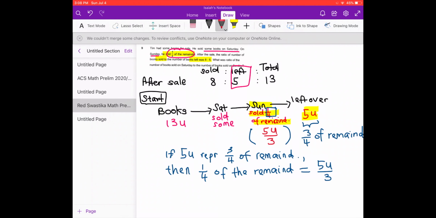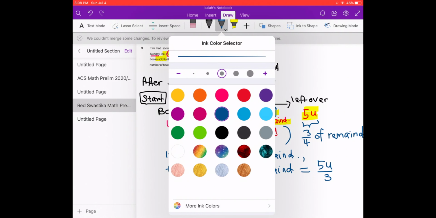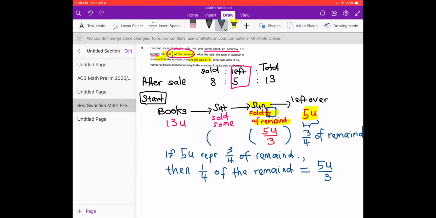So how many books were sold on Saturday then? We know it's some. Can we put a number in terms of u for it? All the books that were sold should finally add up to 13u, because that's the total number of books.